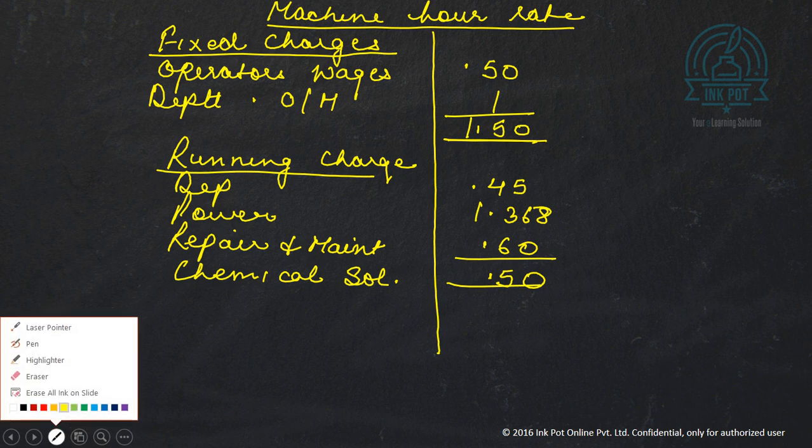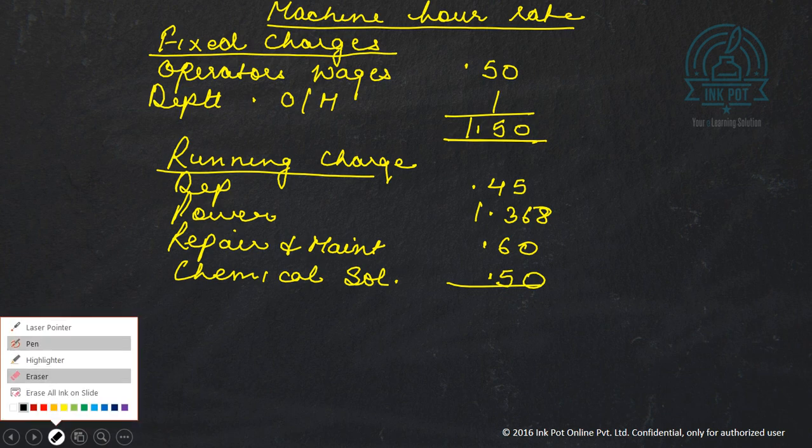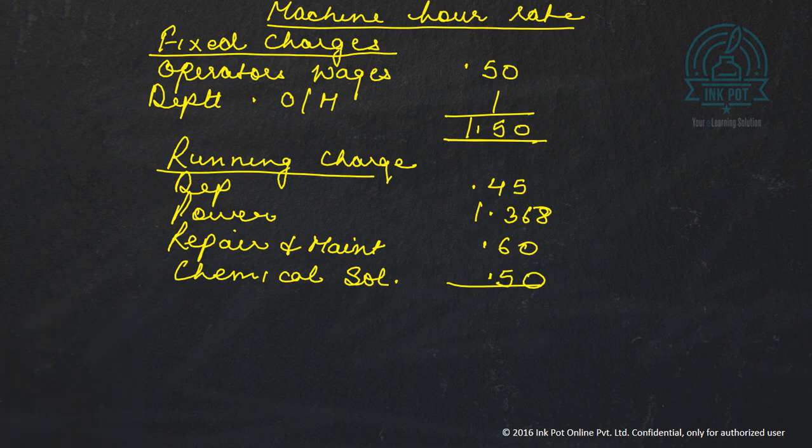Sorry, one second, let me erase this line. So we'll calculate the total running charges, and this will give us the machine hour rate.